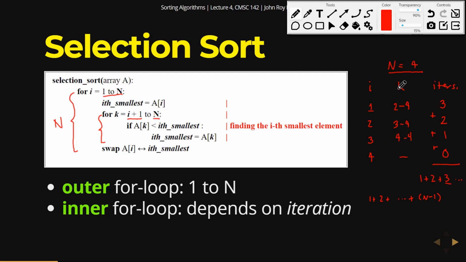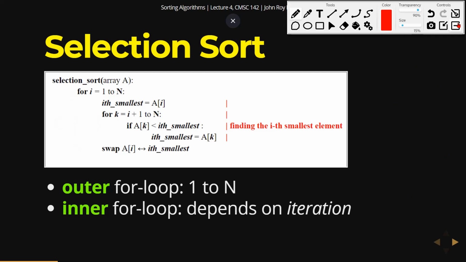And if you remember, the formula for adding 1 plus 2 up to n was equal to n times n plus 1 over 2, right? Which is about O of n squared. Okay? So that is the analysis of the running time of selection sort.